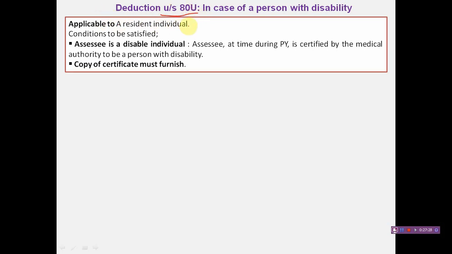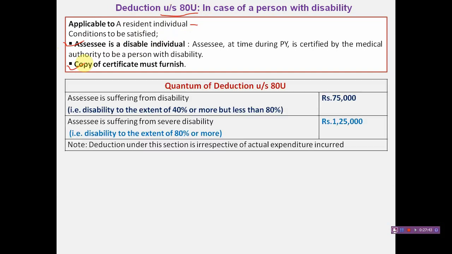So this is applicable to a resident individual. Conditions, there are only two conditions. One is assessee is a disabled person. Second one is copy of certificate must be furnished while filing the returns. Quantum of deduction depends on the extent of disability.